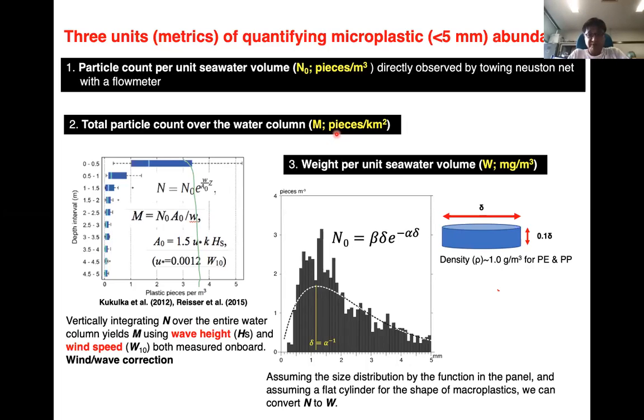And sometimes we convert these particle counts to weight by approximating the shape of each microplastic fragment to a thin cylindrical shape with the density of plastics.